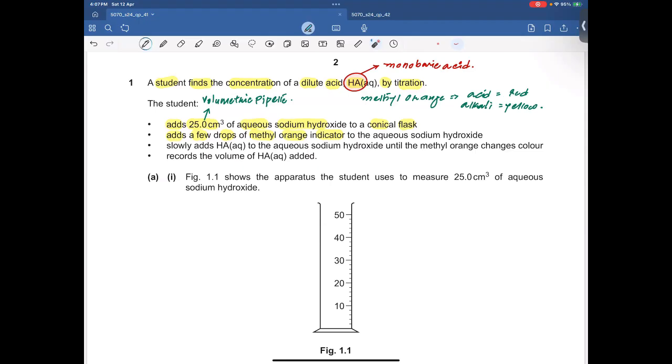So the conical flask has sodium hydroxide. So in the conical flask, when we add a few drops of methyl orange indicator, obviously it shows yellow color. So color before reaction, yellow.